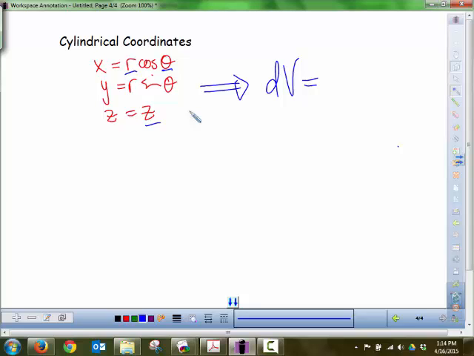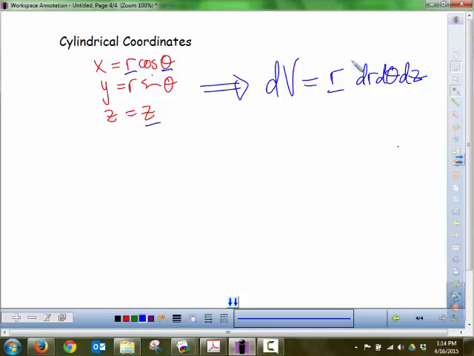So we're going to need to be able to integrate with respect to r, with respect to theta, and with respect to z. So we have your dr, d theta, dz in some appropriate order, and then because of this Jacobian thing, the differential is the same as it was before. It's going to be r.